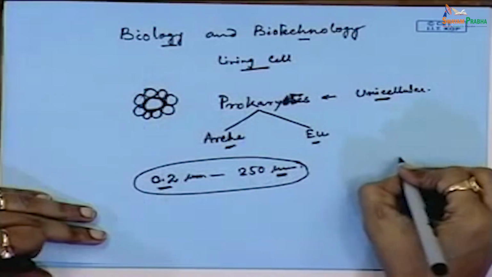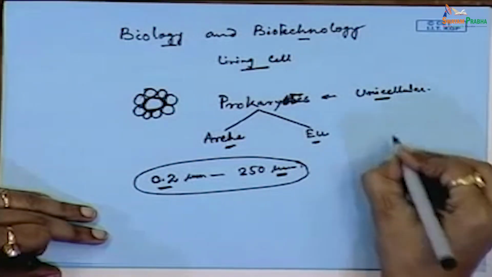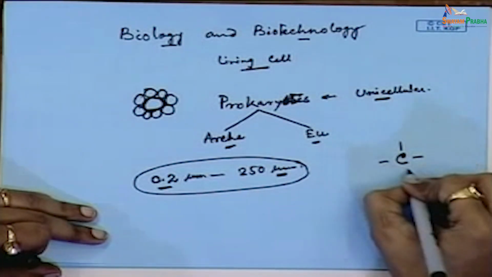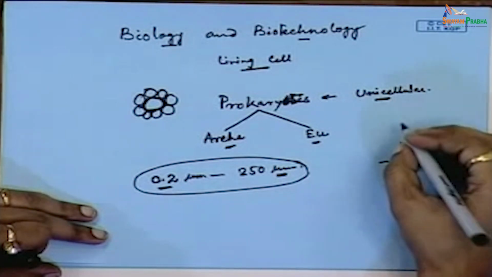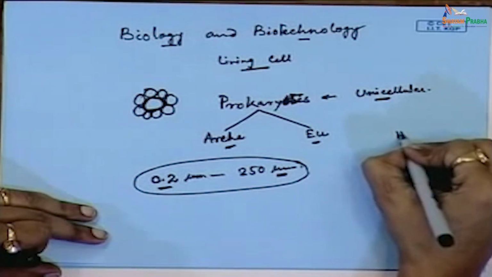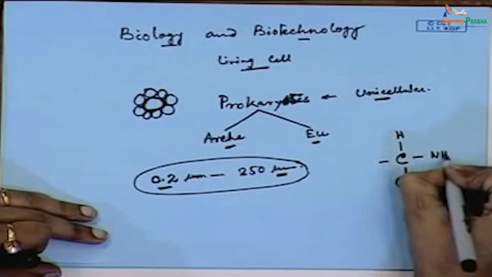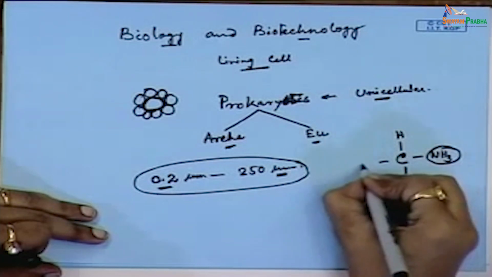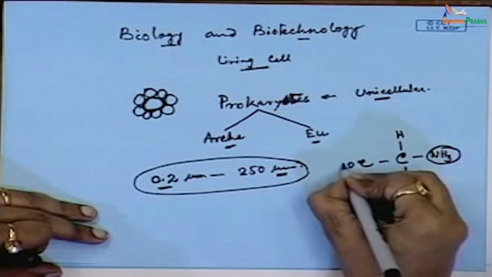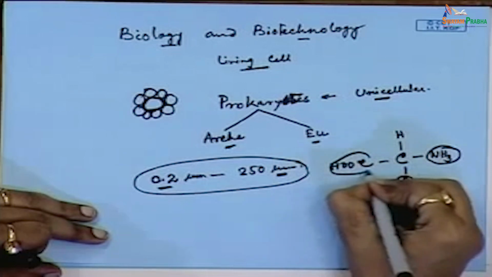In this biological molecule, an amino acid has an asymmetric carbon atom, where an R group is present, along with the amino and carboxyl group.